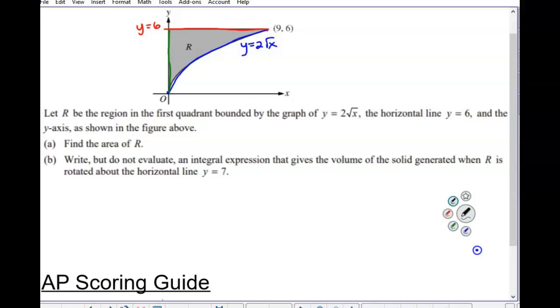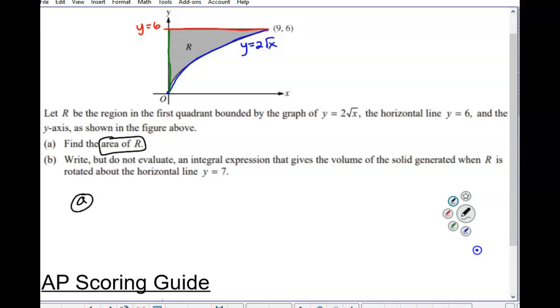So I know I'm not going to have enough room to do everything I need to. So I need to find the area of the region. Well, this is the area between the two curves. And I'll tell you right away, there's more than one answer. You could do this with respect to the x-axis, so using dx, or you could do it with respect to y and get the same answer.